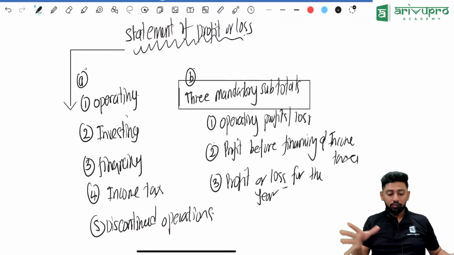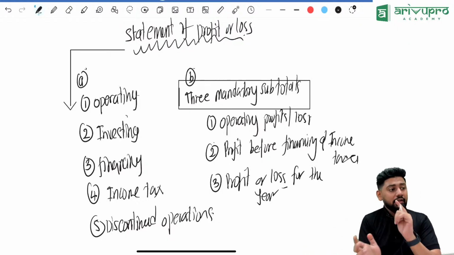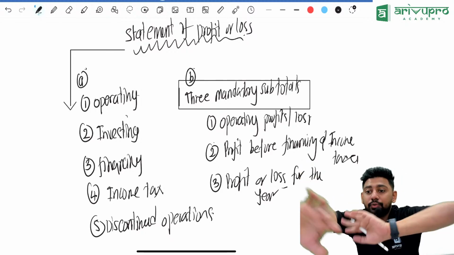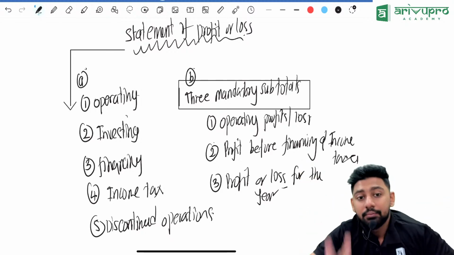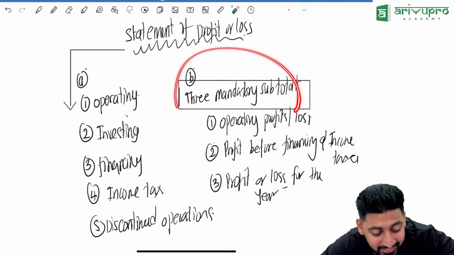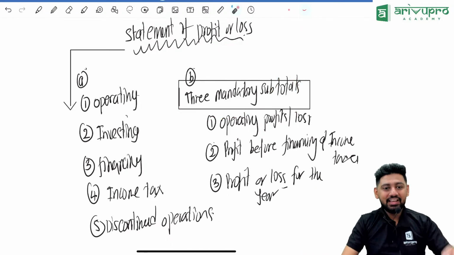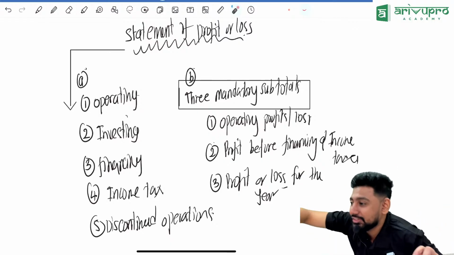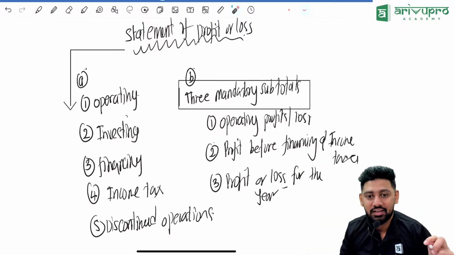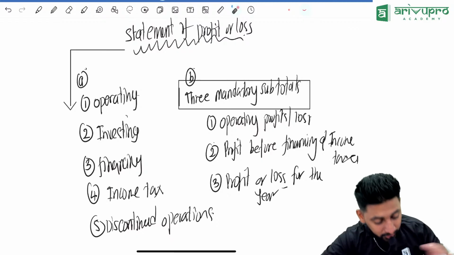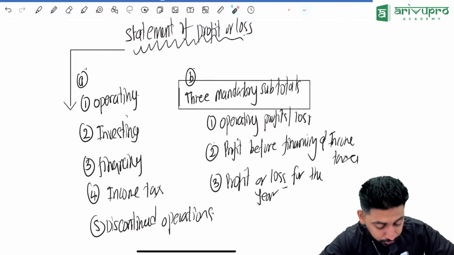Okay, now what is the difference? We had gross profit. Gross profit is removed, meaning it's not a mandatory requirement. If you want to present it, you can present it. Are we clear? So what is removed? Number 1, gross profit margin is removed.